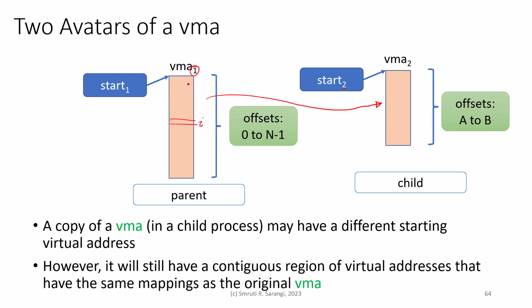In this case, clearly the offsets it was storing were from 0 to n minus 1 because it had n pages. So the first index over here was an offset of 0 and the last one was n minus 1.